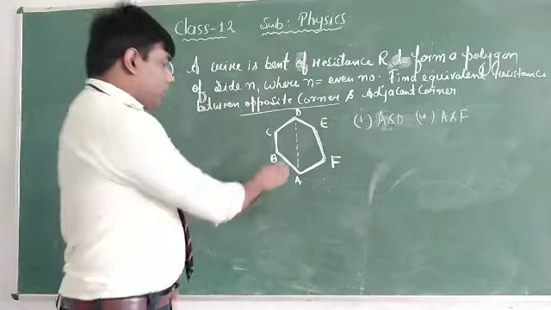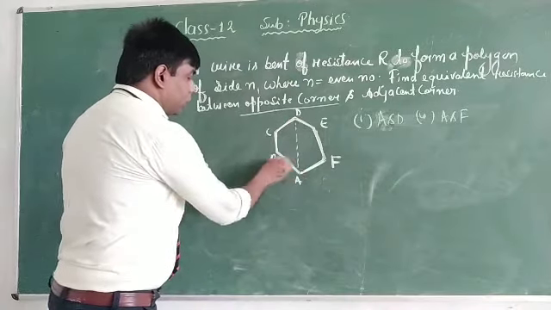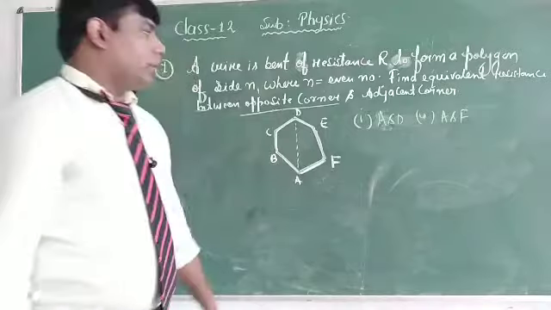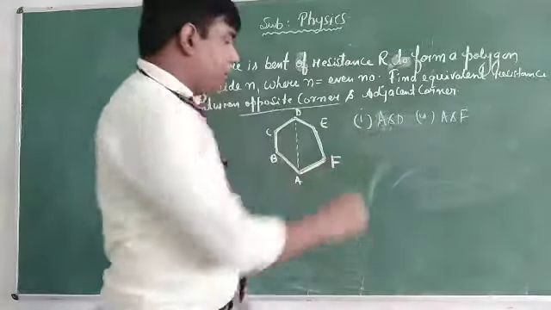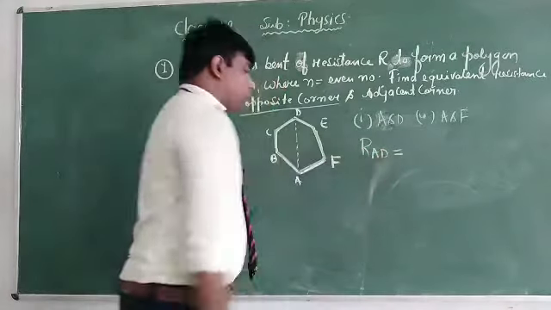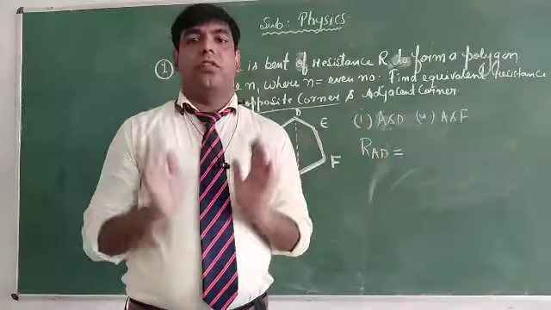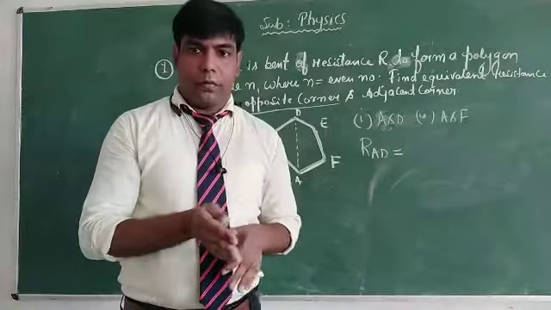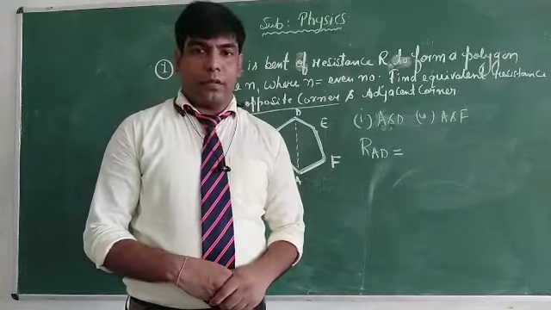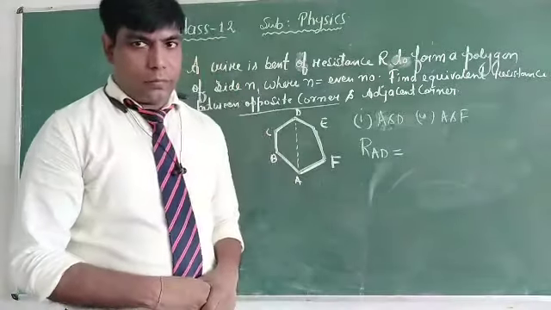See here, when we start from A and go through B, C, D, there are two parallel paths. Means for the first case, there are two parallel paths, and you know that when we take a parallel combination of two resistances of value R, the equivalent resistance will be R by 2.